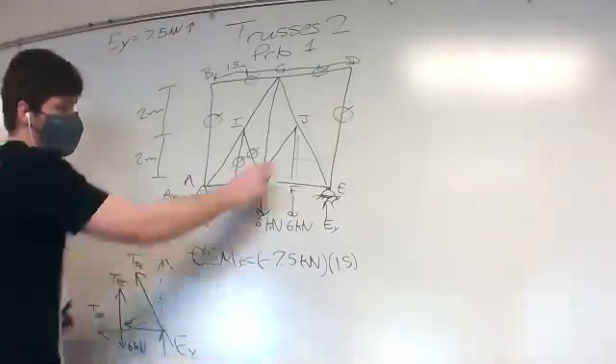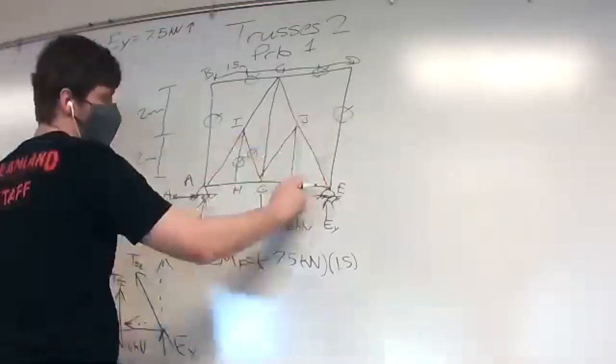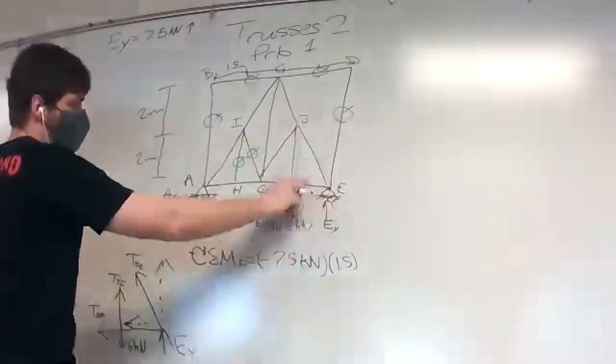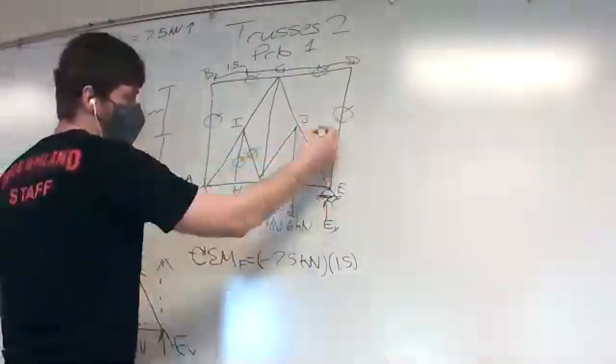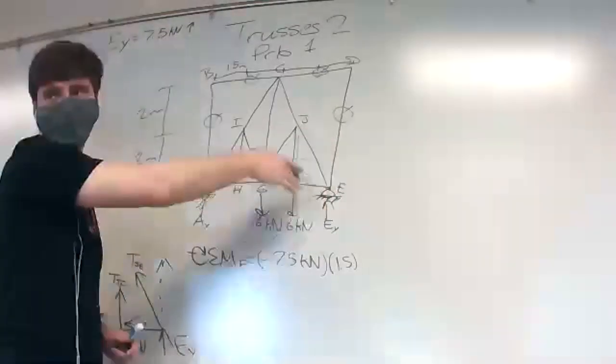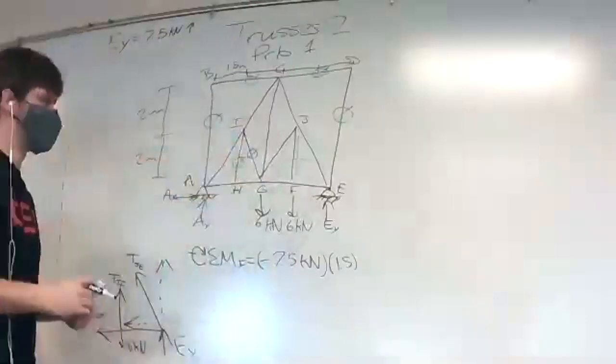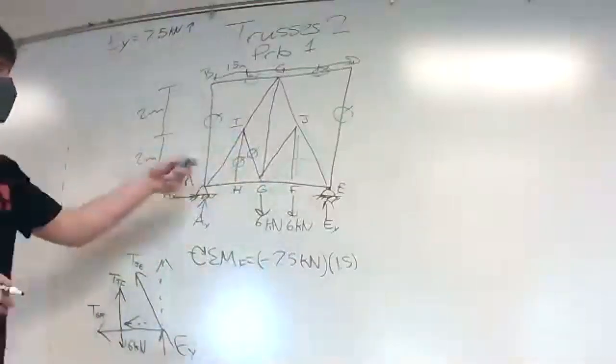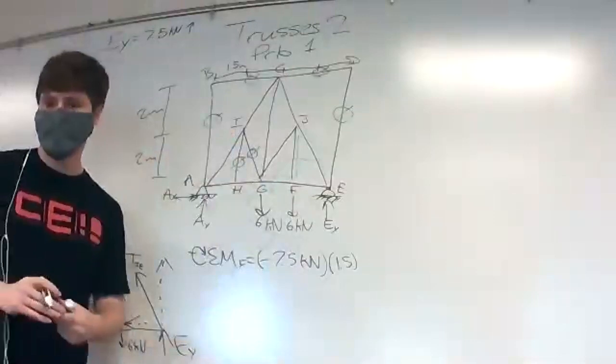We know that the dimensions for JE are X 1.5 meters and Y 2 meters. So the hypotenuse for JE, this distance, is the square root of 2 squared plus 1.5 squared.